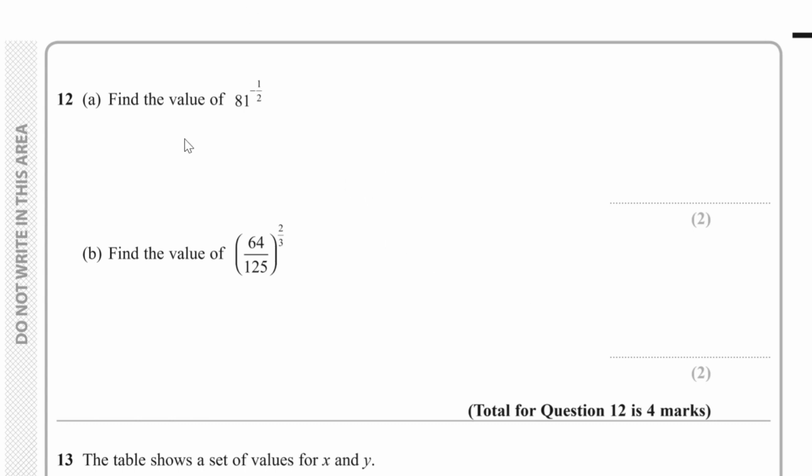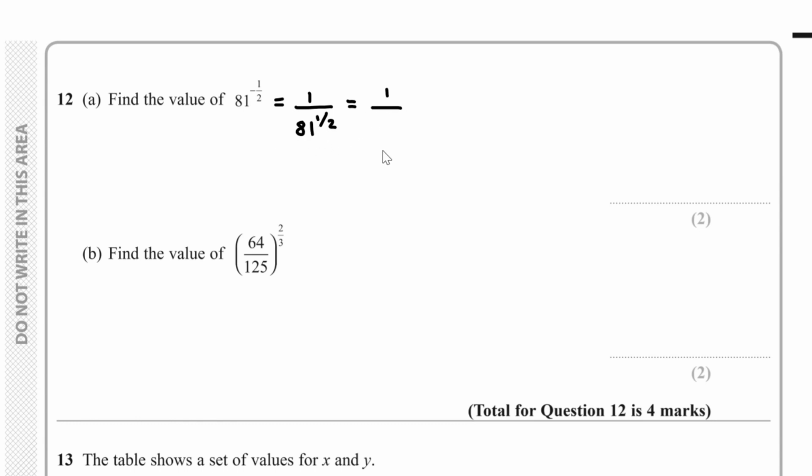Question number 12. For part A, we have to find the value of 81 to the power of minus 1/2. Well, this is the same as 1 over 81 to the power of 1/2. And raising something to the power of 1/2 is the same as taking the positive square root.